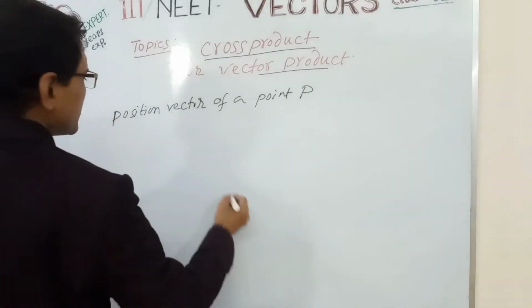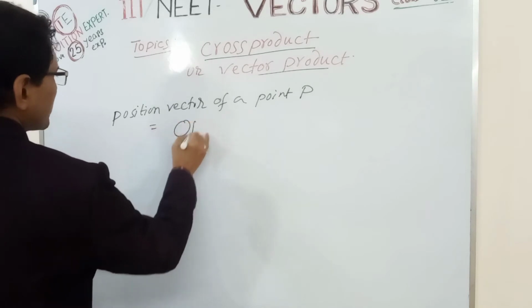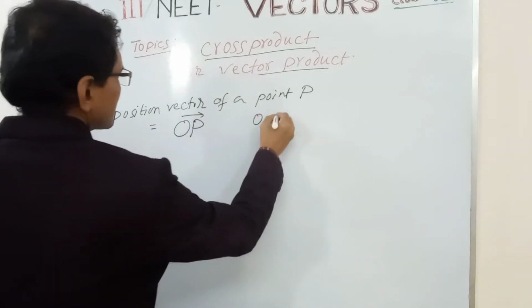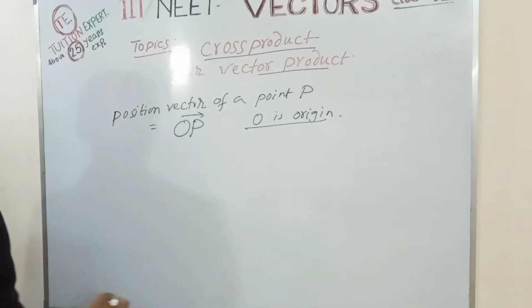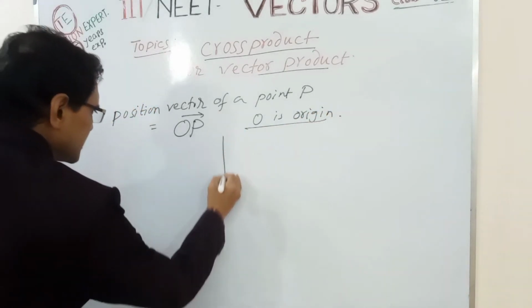Position vector of a point P equals the OP vector, where O is the origin. Suppose the coordinates of P are x, y, z.